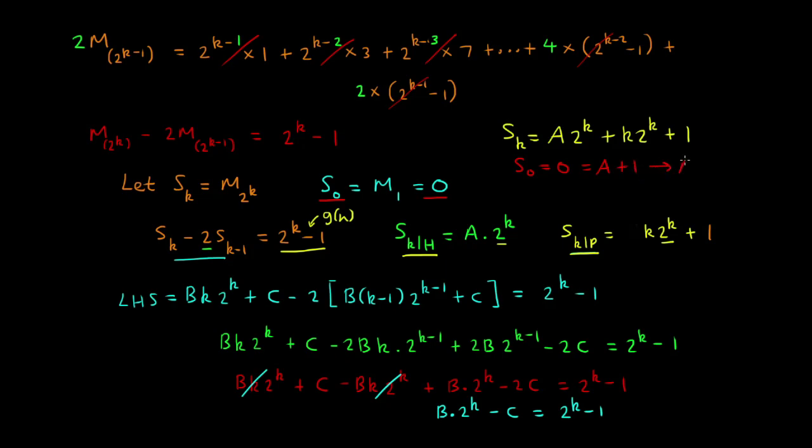So that means a is minus 1. So here we have minus 2 to the k. And remember that sk was m subscript 2 to the k. So therefore, we can write sk as m subscript 2 to the k.